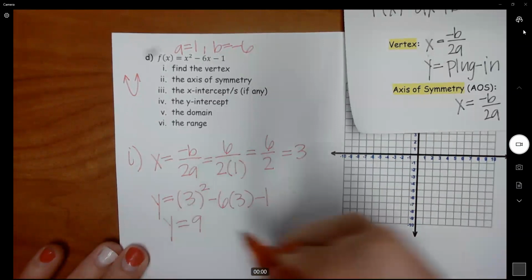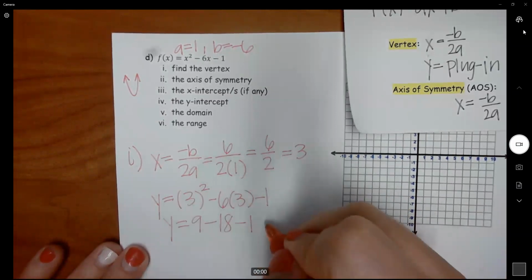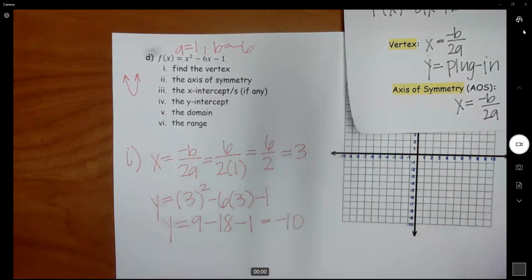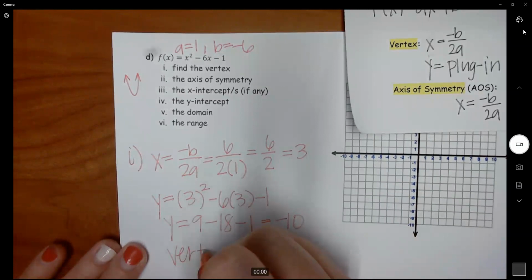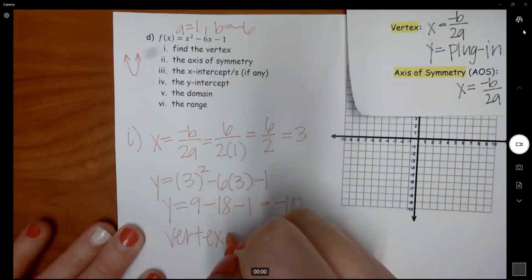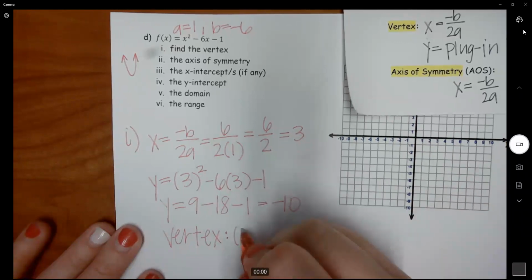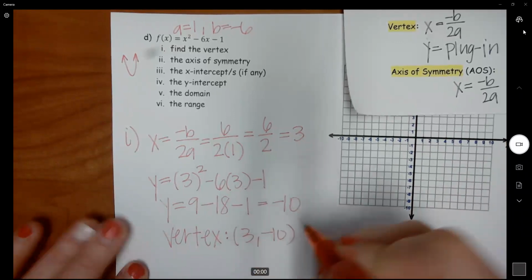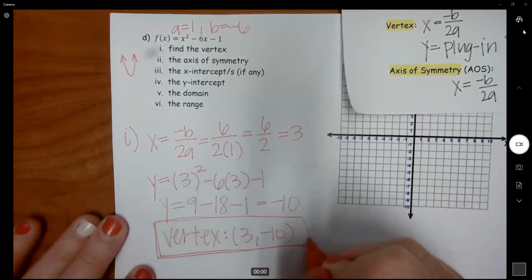This is 9 minus 18, which is negative 9, minus 1, which is going to give me negative 10. So therefore, my vertex is x comma y, 3, negative 10. Barely fits on our graph.